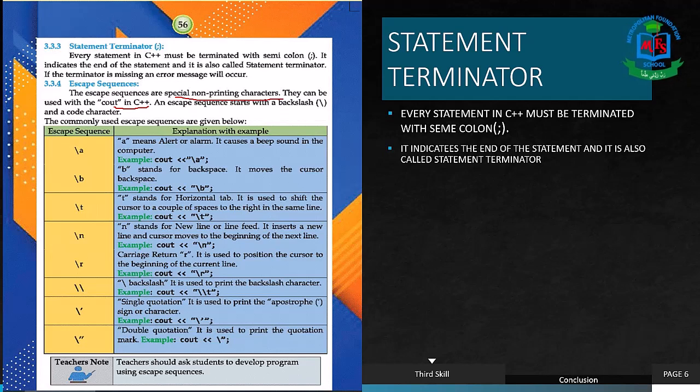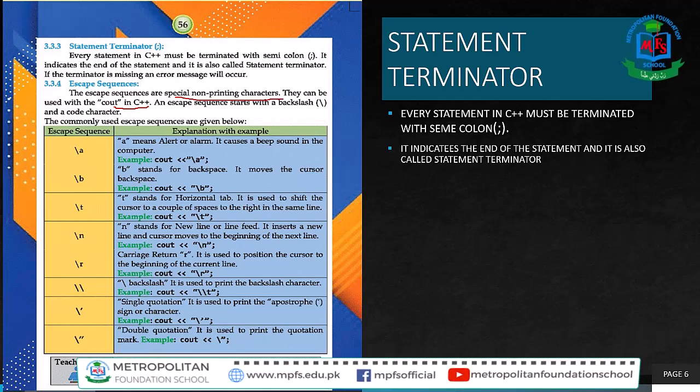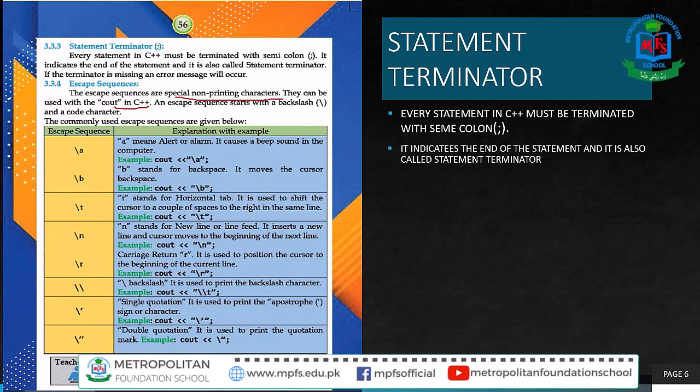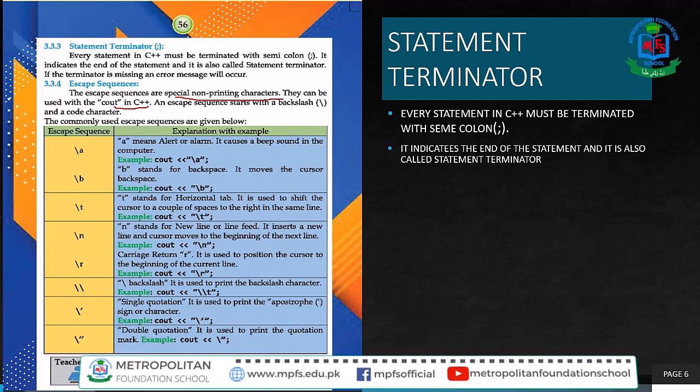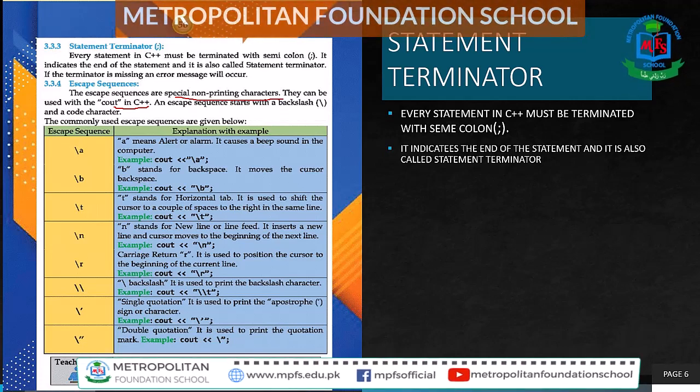What is the terminator? The terminator is always used for closing our statement. Next, backslash b stands for backspace. It moves the cursor back. Example, cout, backslash b. It means we use backspace.